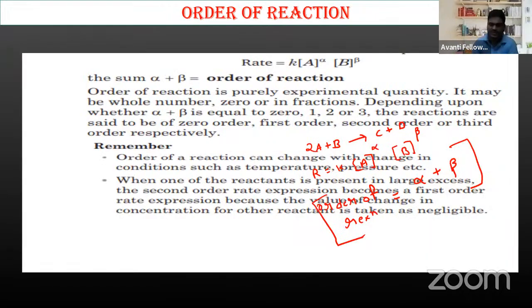So the order of reaction is alpha plus beta. This is how we can write the order of reaction. I hope this is clear to you, right? Good. This is how we can solve this.